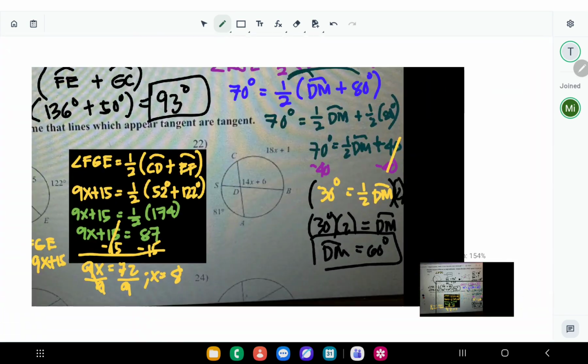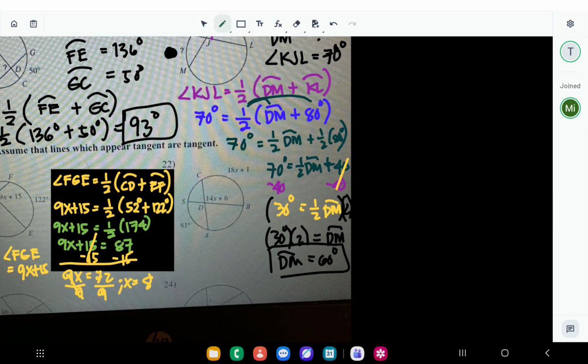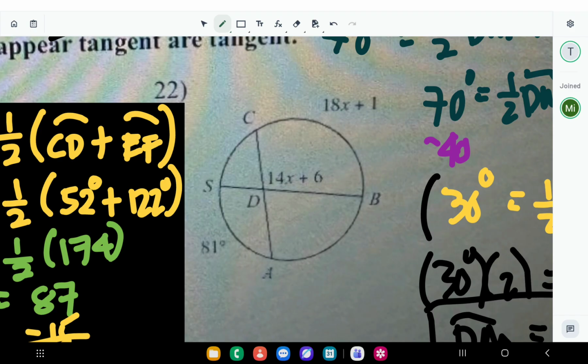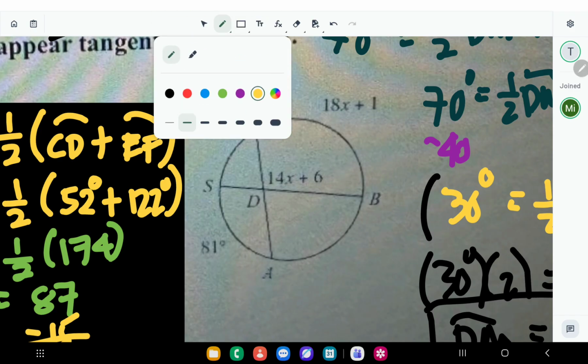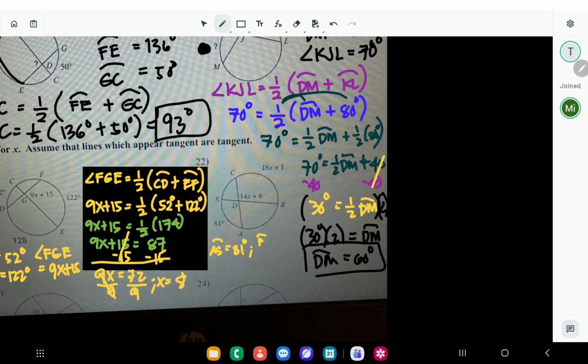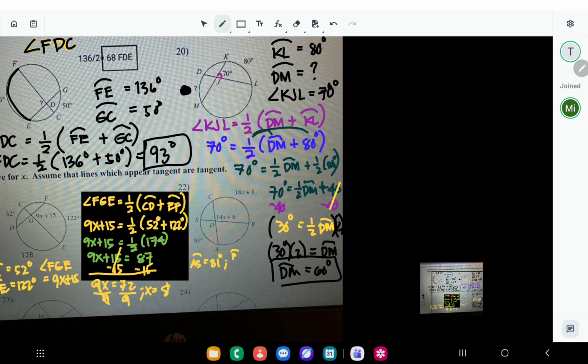Then we go to number 22. So we're given the intercepted arcs. Let us define them. Arc AS equals 81 degrees. Let me just write it here on the left so it won't be confusing.